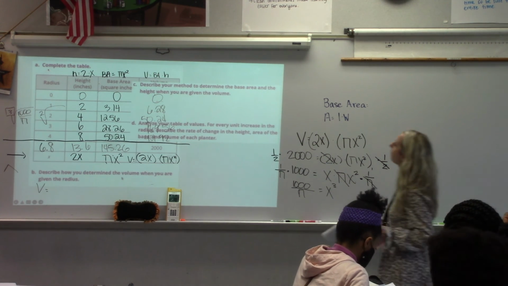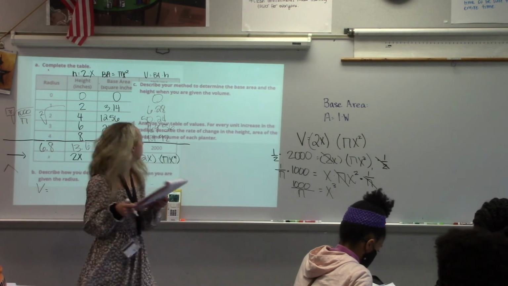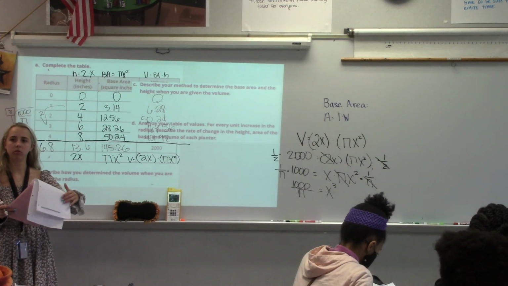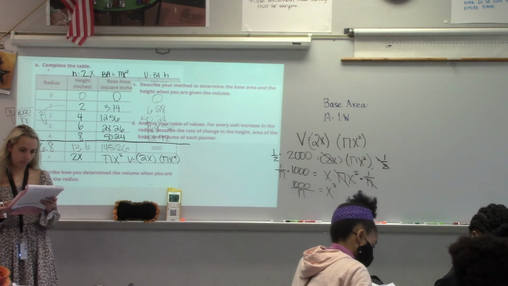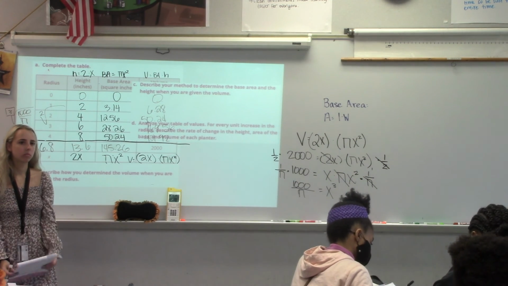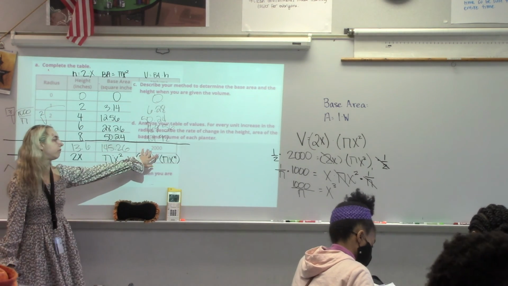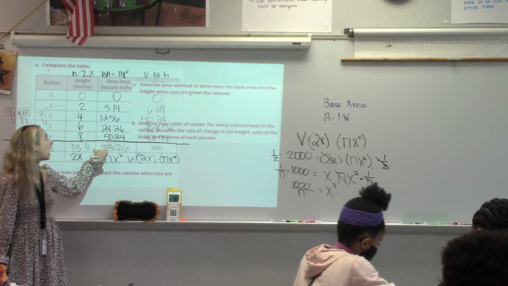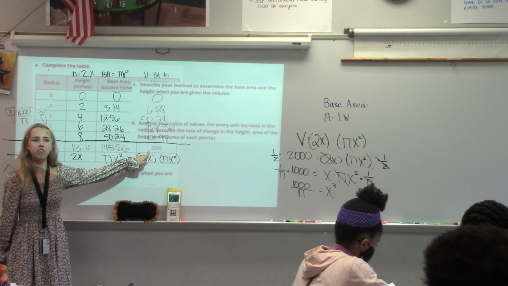What did we have to do to find the base area and the height when we were given that volume? We were given a volume of 2,000. How did I find the height and the base area when all they gave me was this?